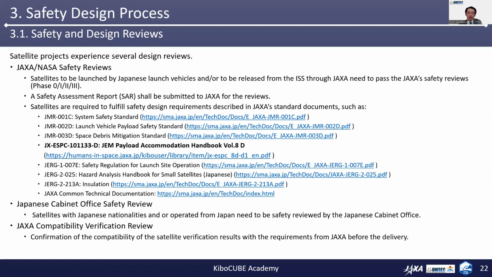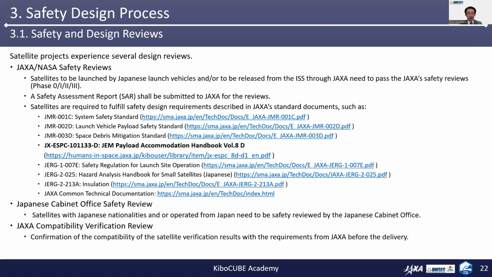The second one is the Japanese Cabinet Office Safety Review. So satellites with Japanese nationalities and or operated from Japan need to undergo the safety review by the Japanese Cabinet Office. The third one is the JAXA Compatibility Verification Review.